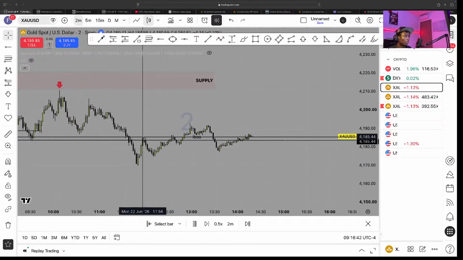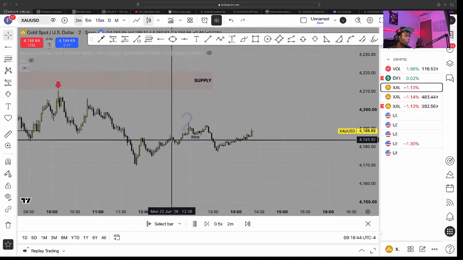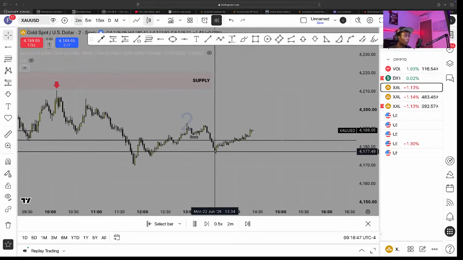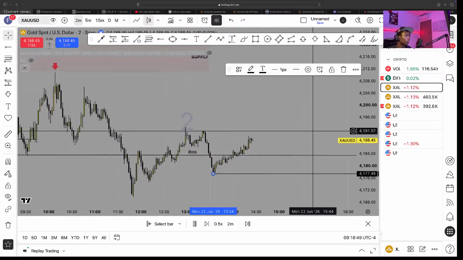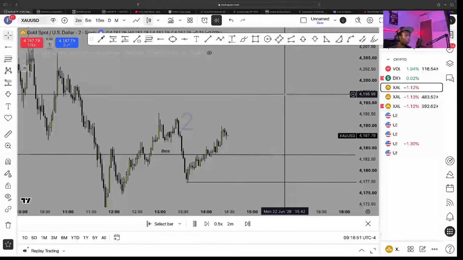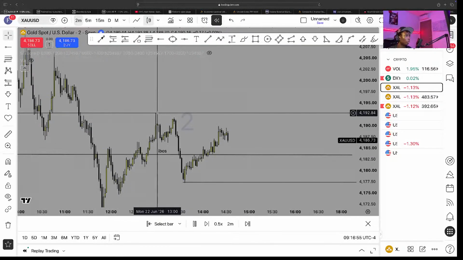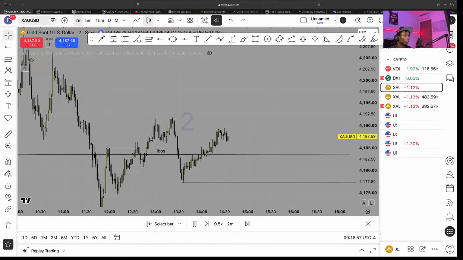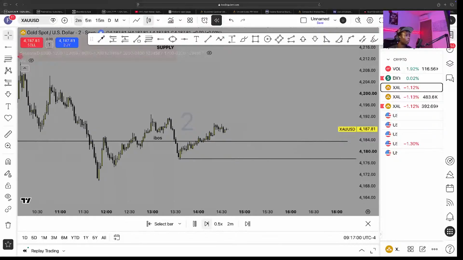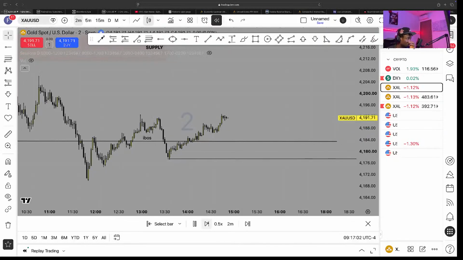So buyers are still intact on this market. So now we have this other low. So let's see if price is gonna take out this high. This should be a liquidity. If not, price should just drop.